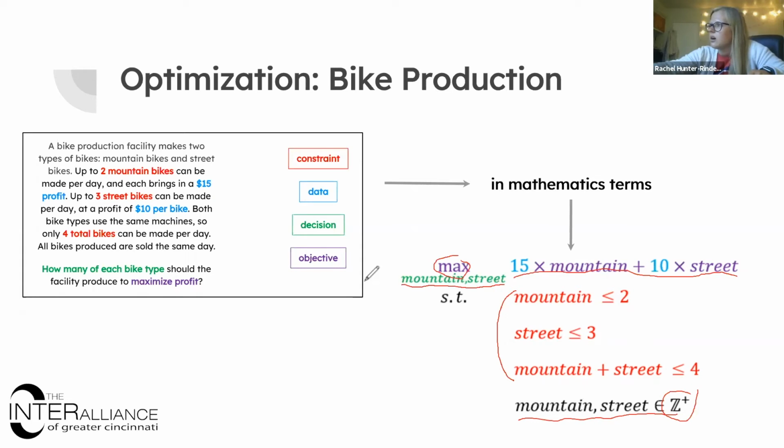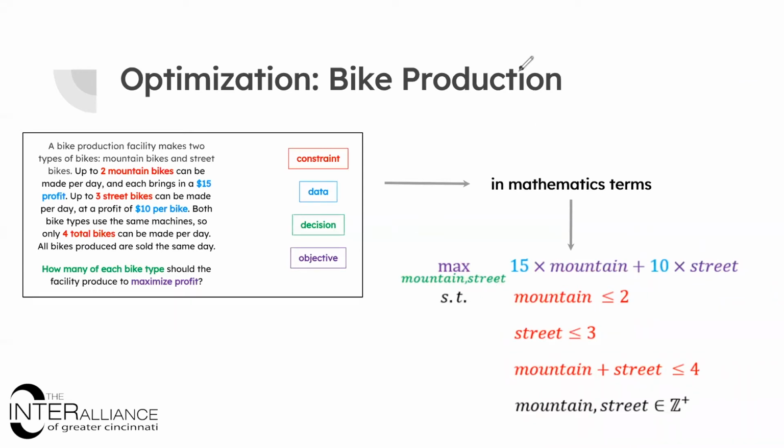So does this, getting from the word problem to the math, does that make sense to people? Are we following how we made those equations? Yeah. Okay. That's a lot of variables. So there's only two. So mountain and street are the only two variables, but yes, we need a bunch of equations, and those variables need to exist in a bunch of different ways to fully define the system.